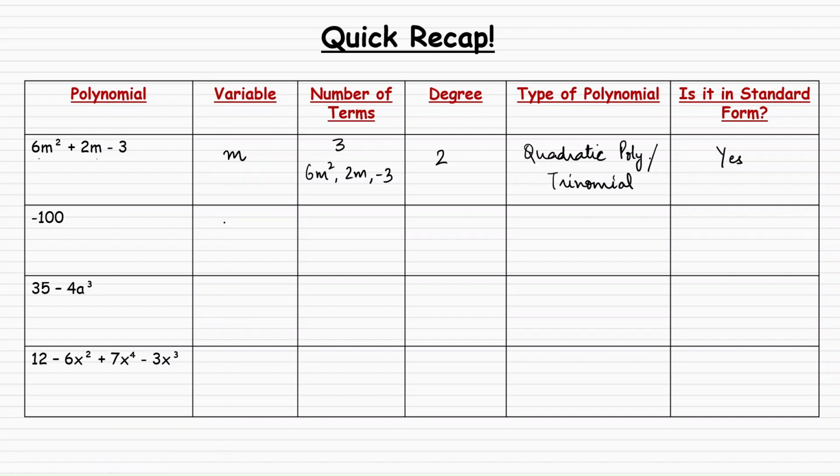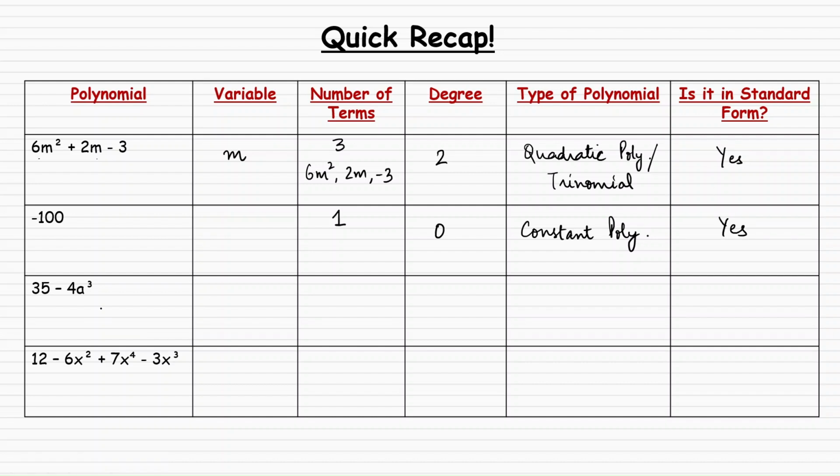Negative 100. What is the variable here? Nothing. It's a constant term. Number of terms, just 1. Degree, 0. Why? Because the degree of the constant polynomial is 0. Type of polynomial, this is called a constant polynomial. Is it in a standard form? Of course, yes, just one term.